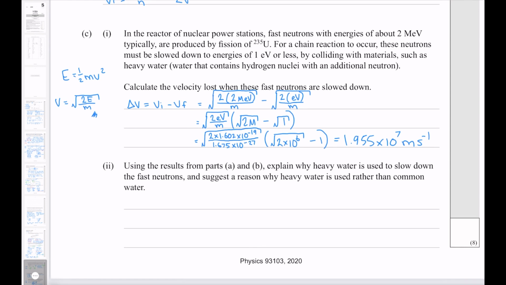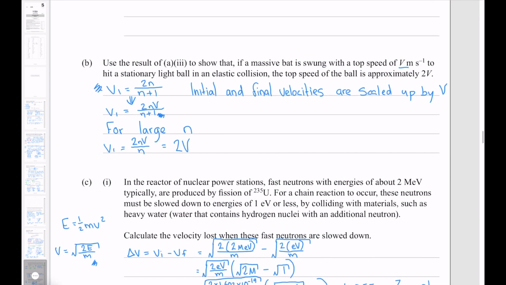Using the results from parts A and B, explain why heavy water is used to slow down the fast neutrons, and suggest a reason why heavy water is used rather than common water. So let's do a bit of a throwback and look at what those sections actually told us. Bearing in mind that what we want is the velocity of the incident particle to be reduced as much as possible.